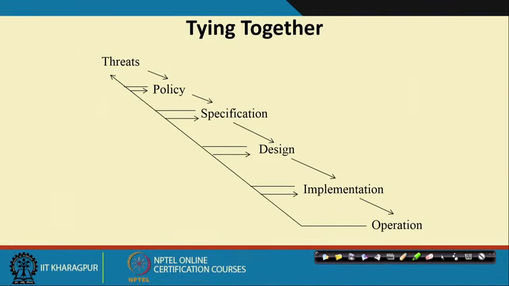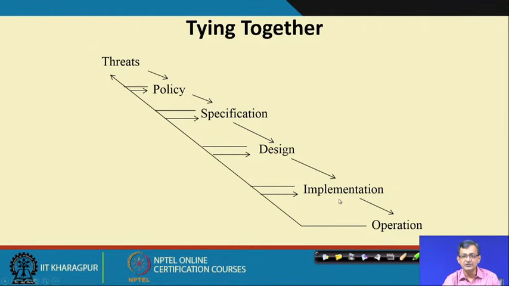So, putting them together, we have threats. Based on the threats, we frame policies. To implement policies, we design specifications. With the help of specifications, we design the overall security scheme or mechanisms, implement those mechanisms, and then operationalize them. And it goes on in different loops.